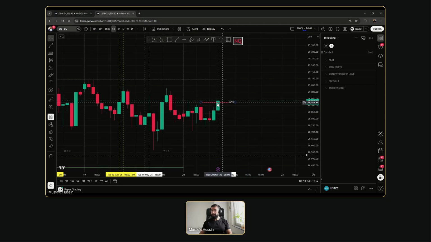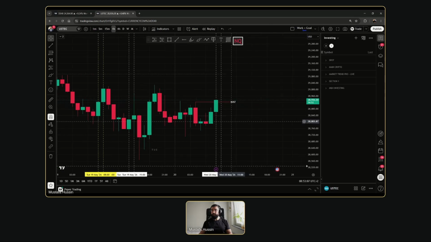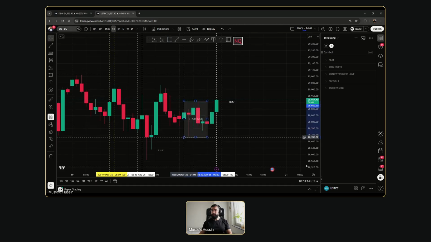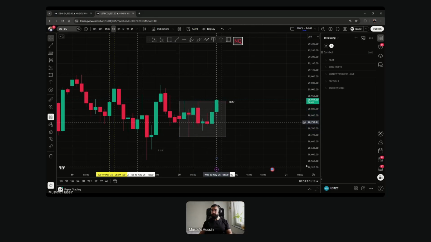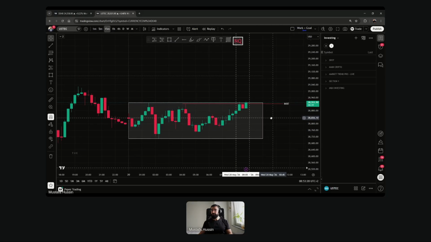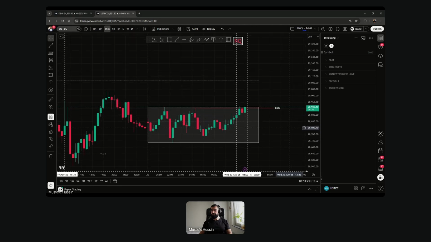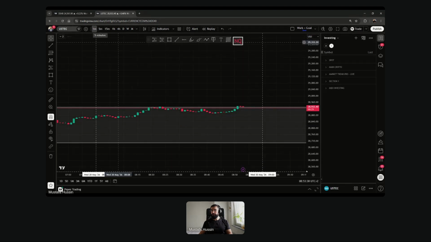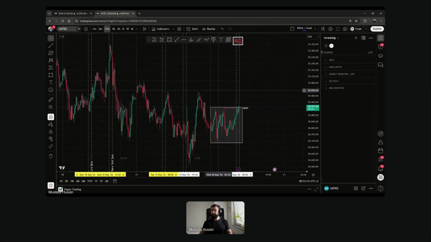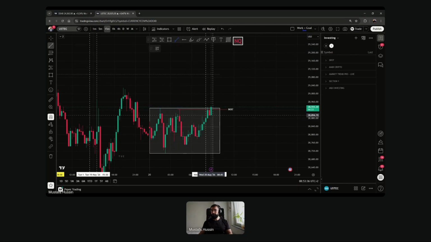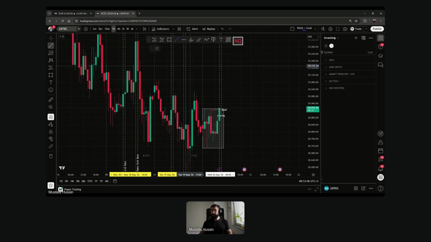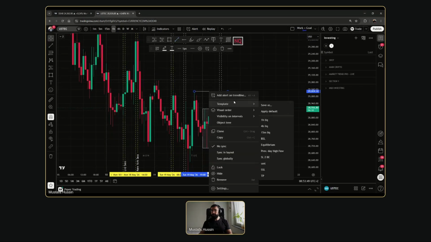If it gives us a break of structure to the upside right there, my bias for today is bullish, and hopefully it will give us a school run. Maybe take out these highs right here on the 1 hour.